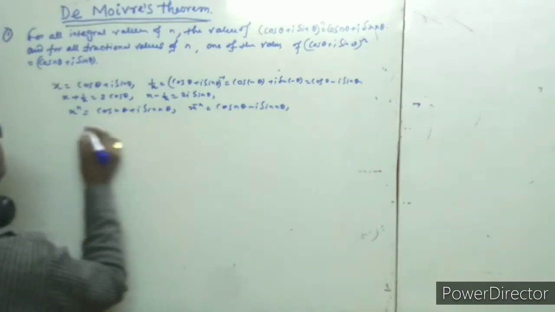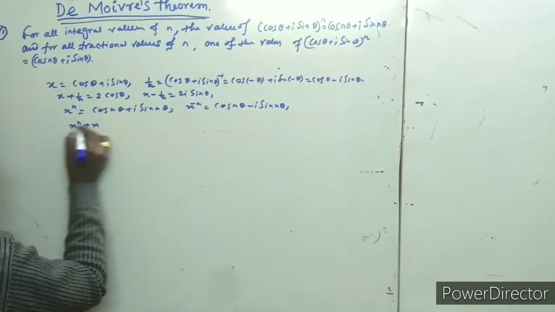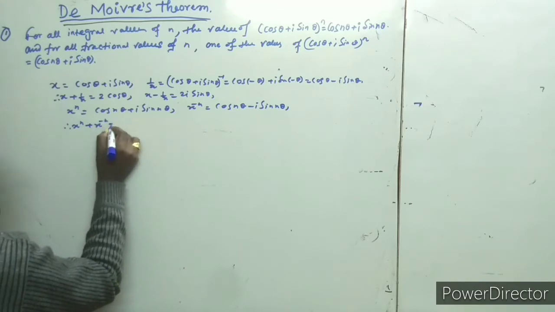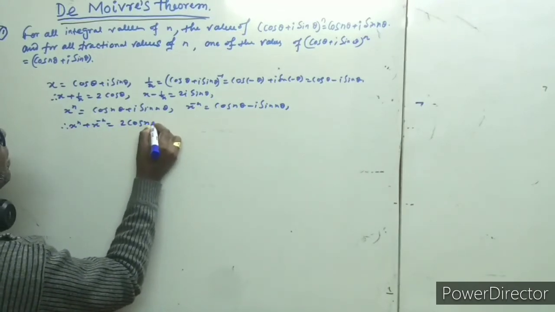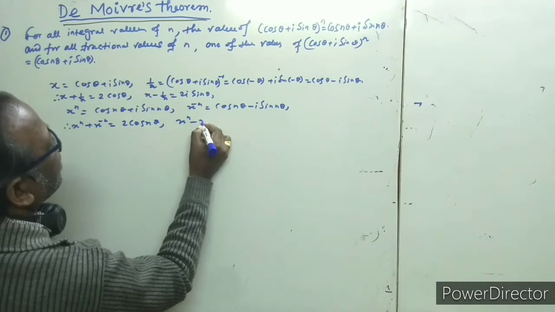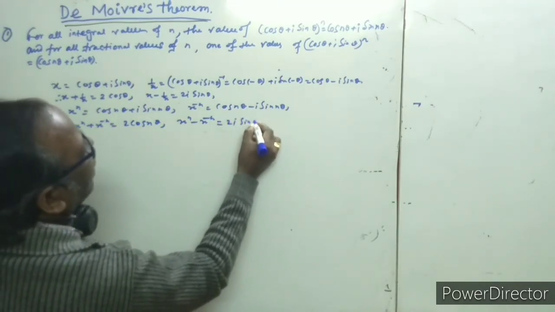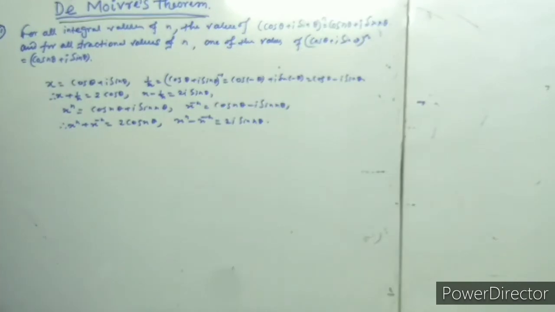If we add these, we get x to the power n plus x to the power minus n equal to 2 cos n theta, and again x to the power n minus x to the power minus n will be 2i into sin n theta here. Now we have to find the expansion of cos theta to the power n. Now see the expansion like this.